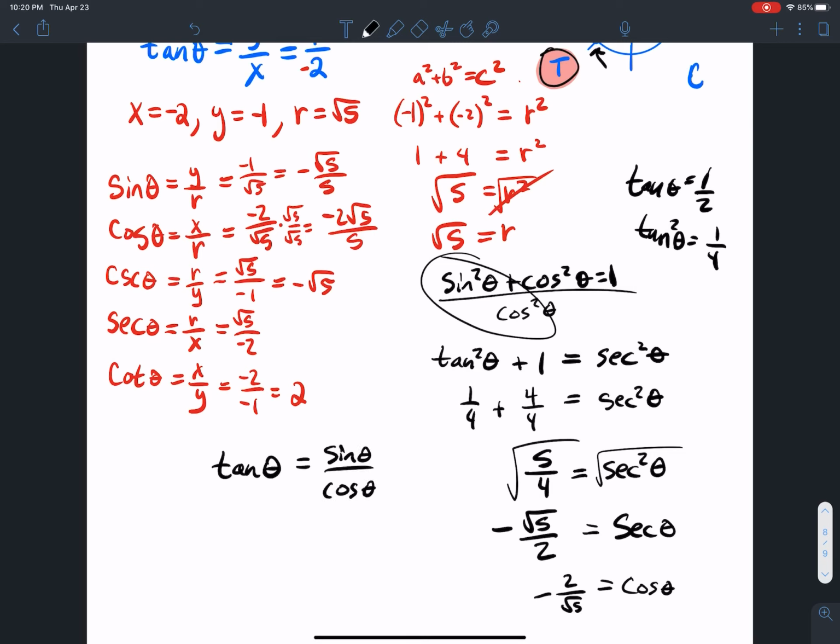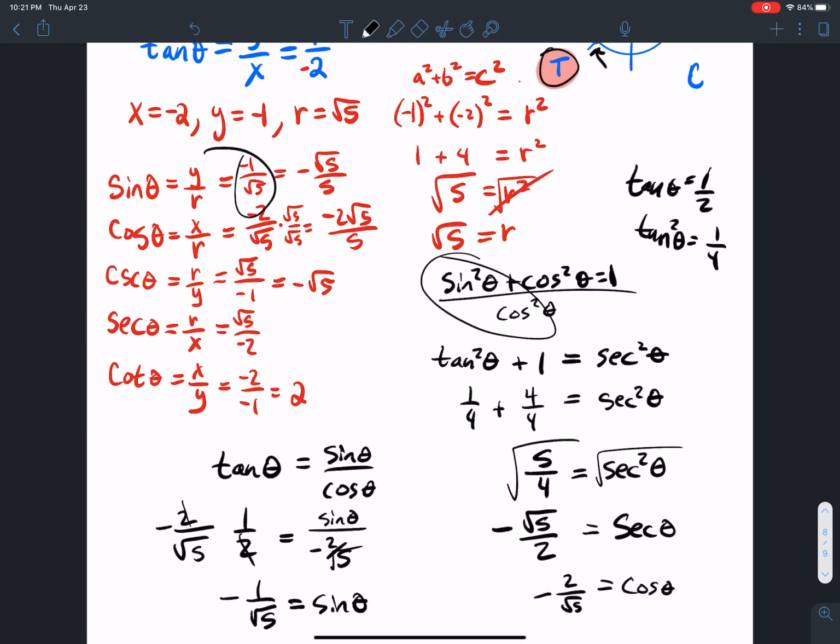Well, you know the tangent was 1/2, and the cosine was negative 2 over square root 5. If you multiply both sides by negative 2 over square root 5, those 2's cancel, and you get negative 1 over square root 5 equals your sine theta, okay, which is what you got up there.